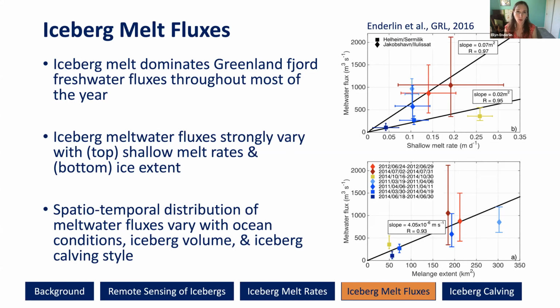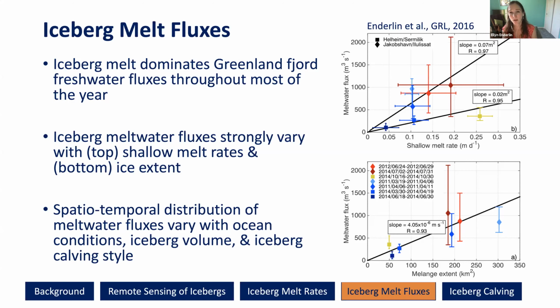This is really important because it tells us that these meltwater fluxes will vary with our ocean conditions, okay? That's what I've been trying to get at. It'll also vary with the iceberg volume, the total volume of ice, but it'll also vary with how broken up those little bits of ice are. You can imagine if you have lots of little bits of ice, they have a very high surface area to volume ratio, and they melt really quickly.